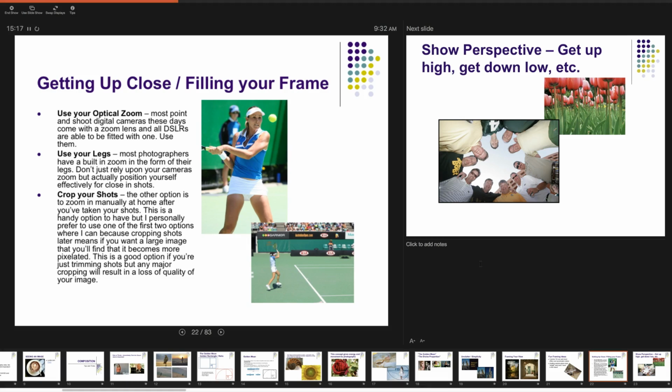This is about 1/3 of that, so this would maybe be 4 megapixels worth of data, right? You can blow that up to a certain size and it's going to look good. You can't crop all the way down to just this little portion and then blow it up to an 8.5 by 11 and expect it to look good, or a 2 foot by 3 foot. There's a limitation because you're not using all 12 megapixels that your camera recorded. So you got to be careful with that too.